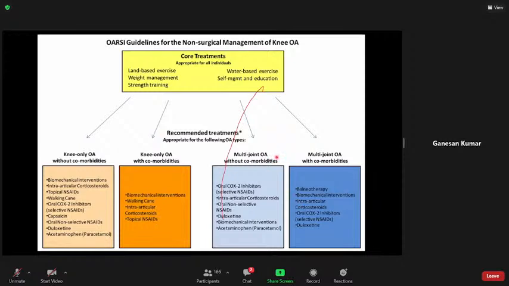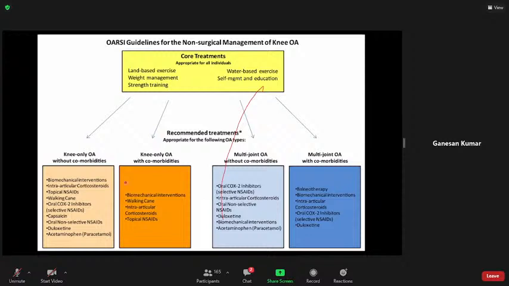Now, the important thing we need to understand here is the core treatment appropriate for all the individuals is basically exercise and strength training. It is only the medications that keep changing in the different groups with or without comorbidities.